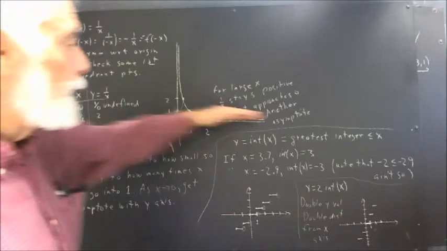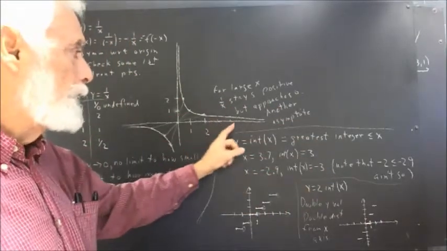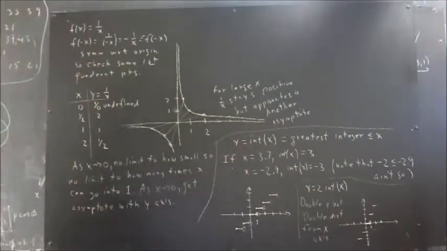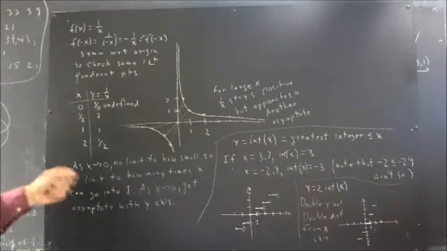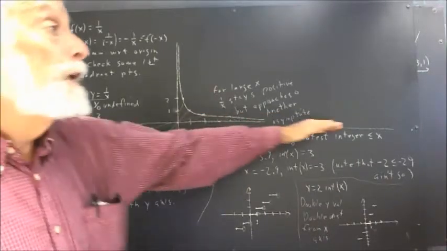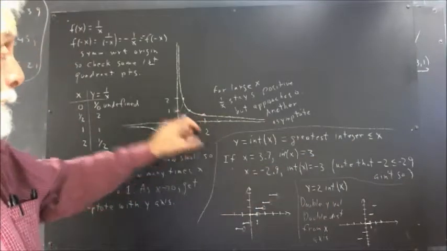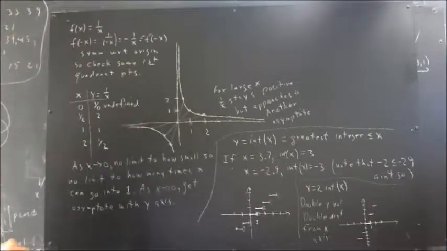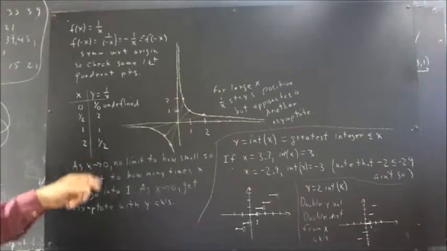As we go to the right, there's no limit to how big these numbers can get, so there's no limit to how small 1 over that number can get. We can go out to 1,000,000,000 here, and how far are we going to be above the x-axis? We're going to be 1/1,000,000,000th of a unit.